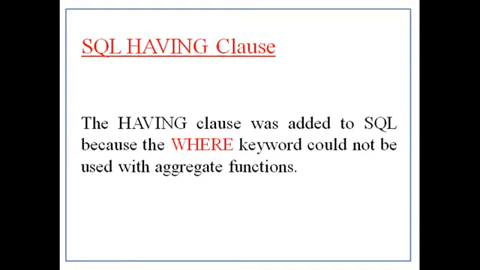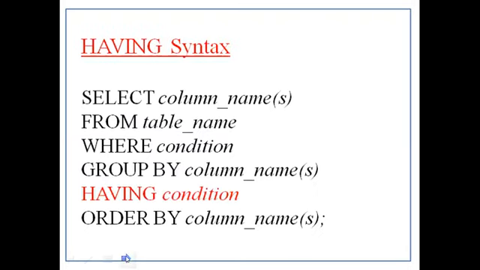That's the reason the WHERE keyword could not be used with aggregate functions, so instead you must use the HAVING clause. That's why the HAVING clause was added to SQL. I'll show one example.